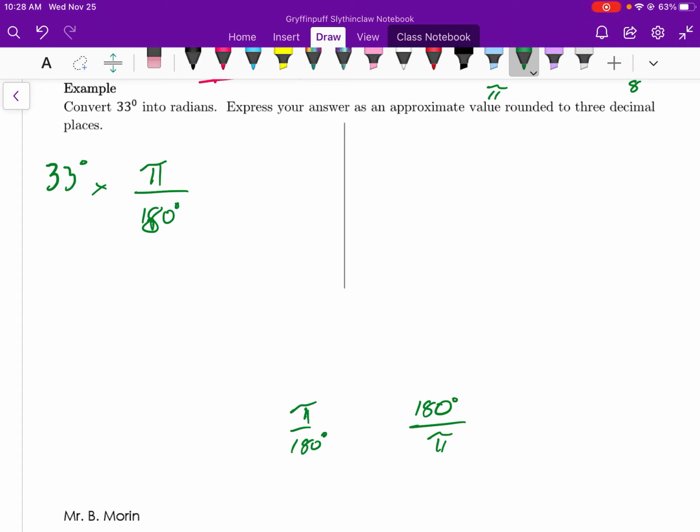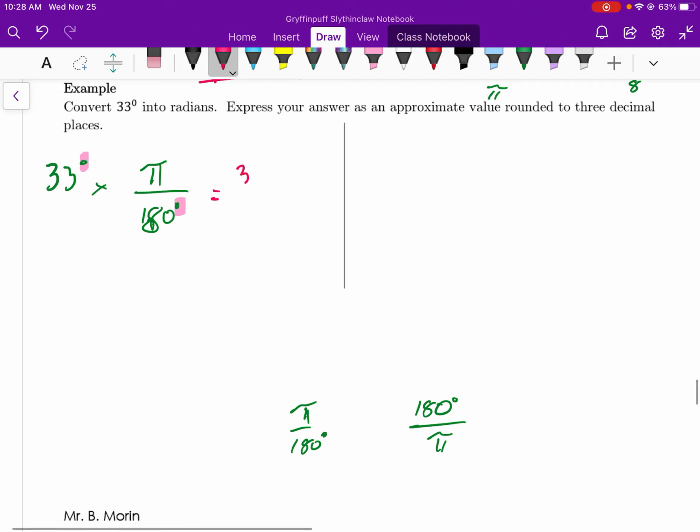Now if you notice, I have the unit of degrees in the numerator, and in my conversion factor, I have degrees in the denominator. Recall that radians is actually unitless.